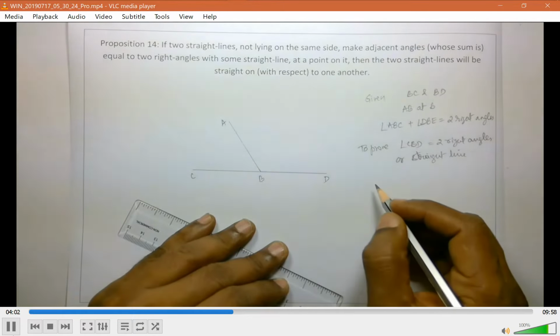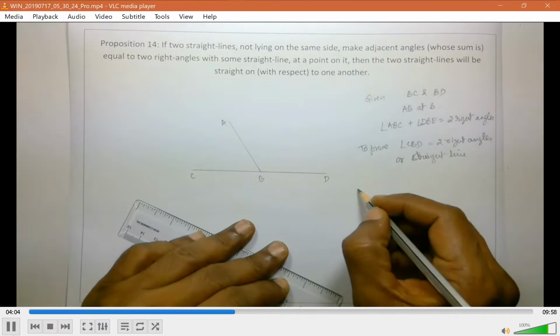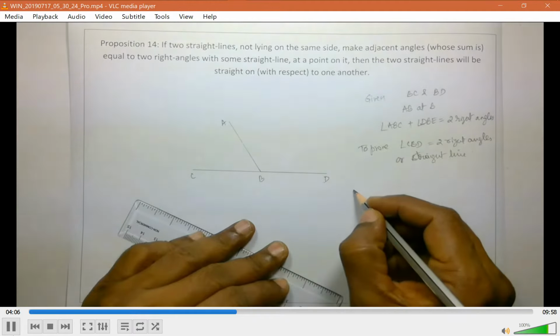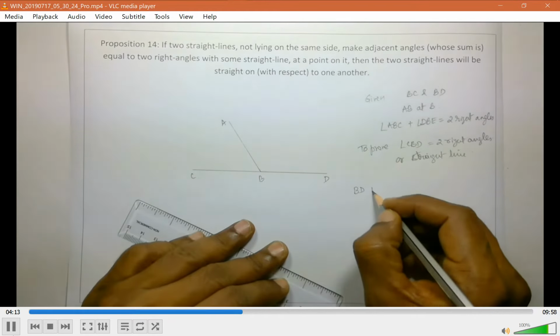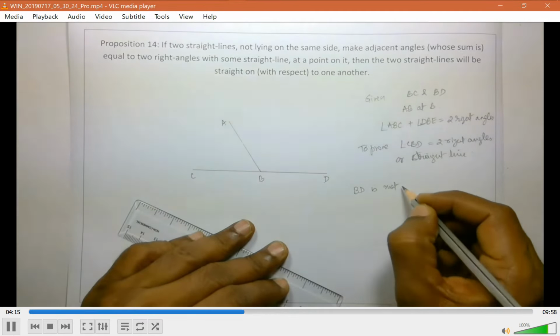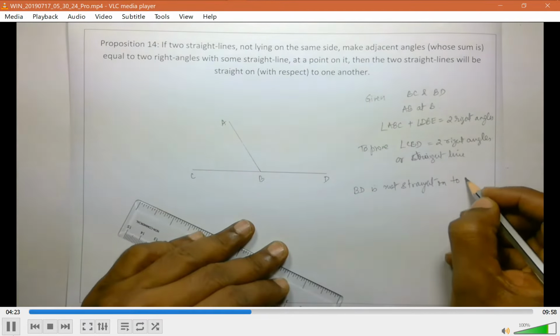Okay, let's use proof by contradiction. So let us say BD is not straight on to CB.